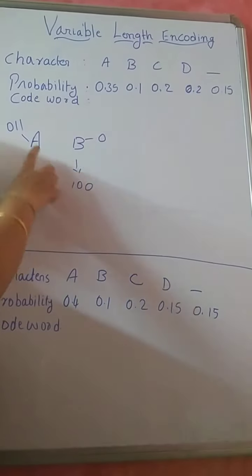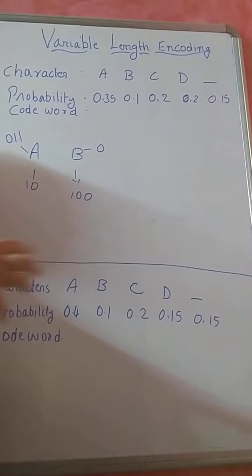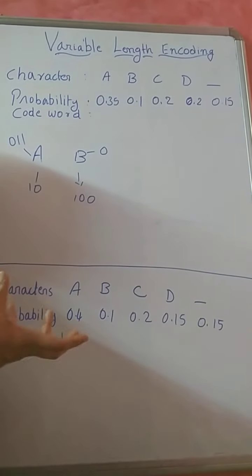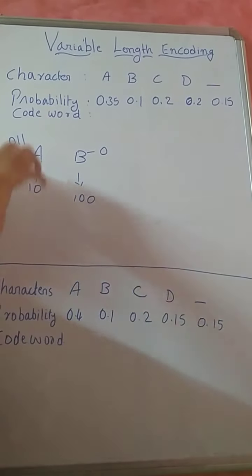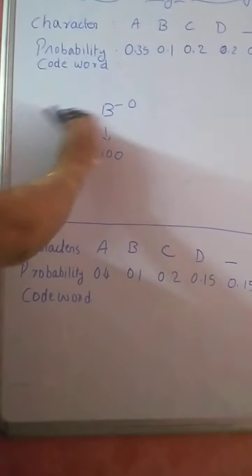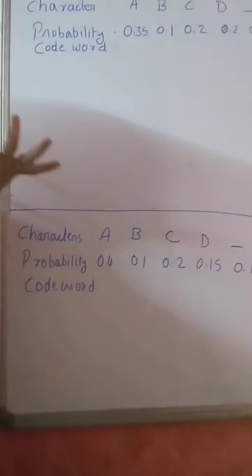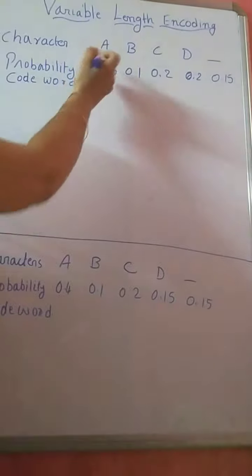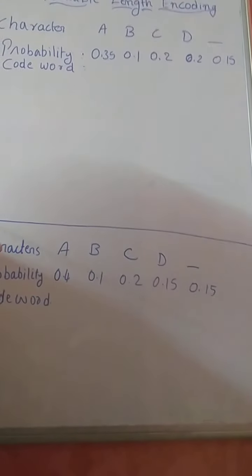If I know that, only then can I decide the length of the code word for that character. So along with the character, you need the probability of occurrence of each character. They won't give you the direct count; they will give you the probability, the percentage of times a particular character may occur in a given text. Like that, A occurs with 0.35 and B with 0.1.